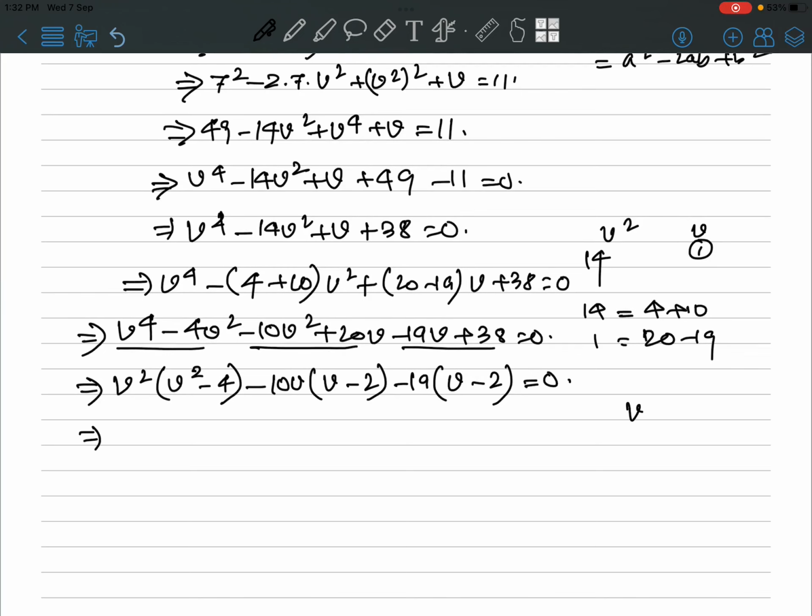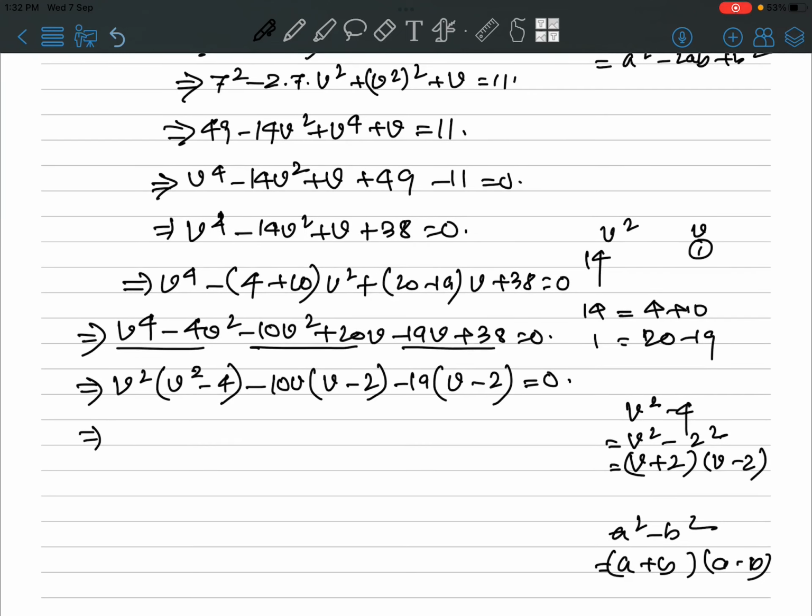Now in place of v square minus 4, we can write v square minus 2 square. So v square minus 2 square is analogous to a square minus b square, which equals (a plus b) into (a minus b). In this case, (v plus 2) into (v minus 2). So v square into (v plus 2)(v minus 2) minus 10v into (v minus 2) minus 19 (v minus 2) equals 0.